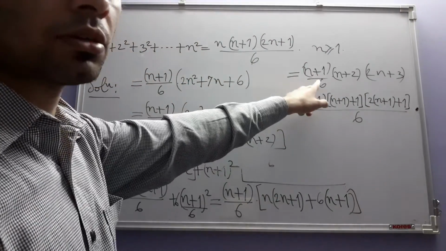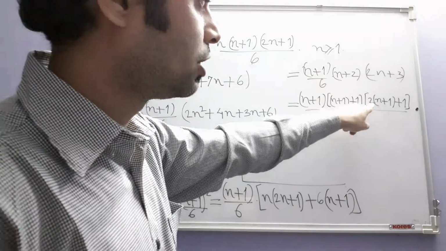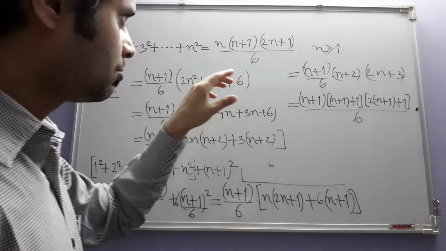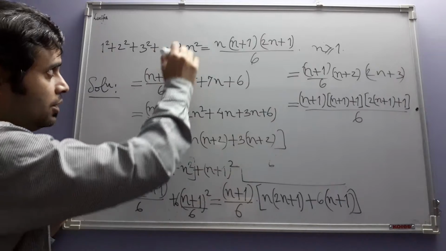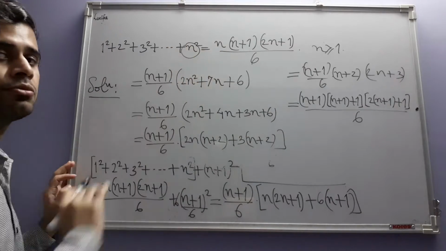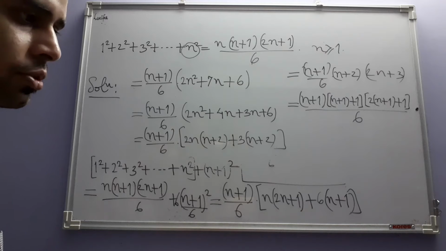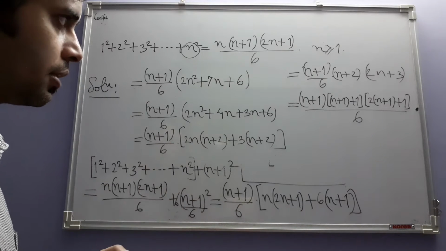N plus 1 was already there. N plus 1 plus 1 means n plus 2, and 2 times n plus 1 plus 1 means 2n plus 3. So we see that our formula is also true when we have n plus 1 in place of n, and that's what we were supposed to show, and this ends the induction.